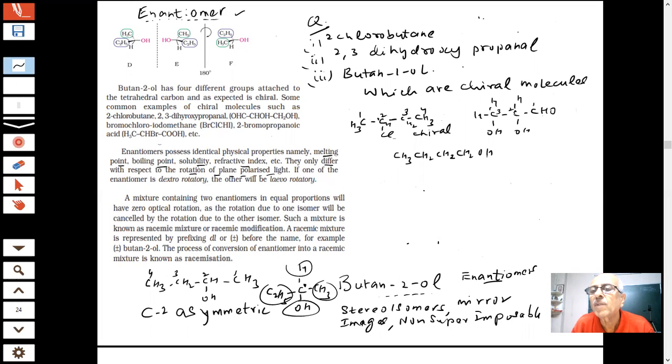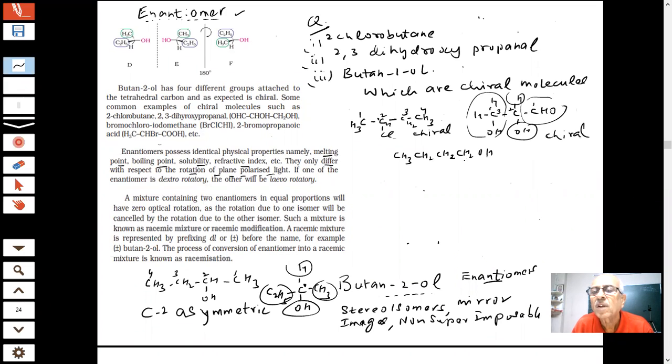Carbon number 2, how many groups are there? 1, 2, 3, 4. Are they the same? Are these 4 groups same or different? I'm sure they're different, sir. Then this is chiral.